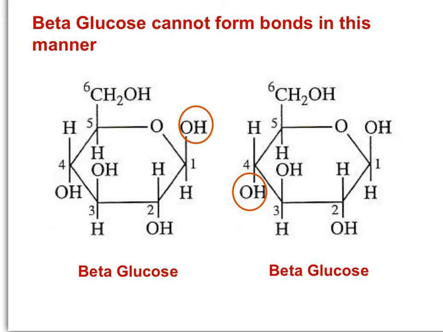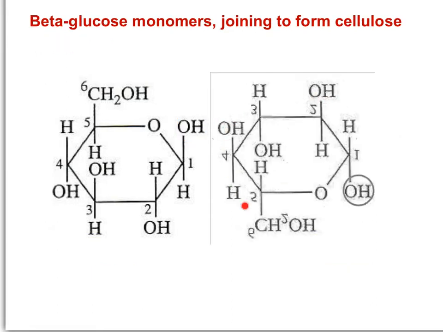Keep watching. But if one of the beta-glucose monomers is rotated 180 degrees, upside down, so to speak, the hydroxyl groups are better positioned to join through condensation reaction synthesis.